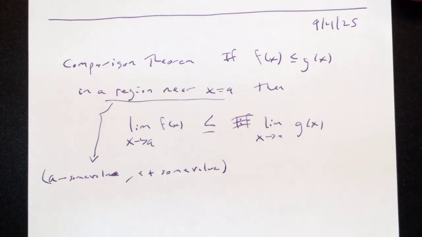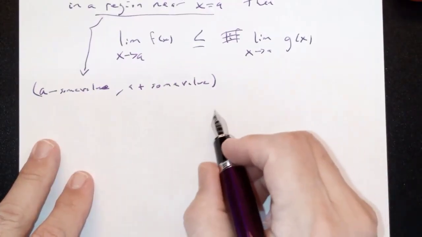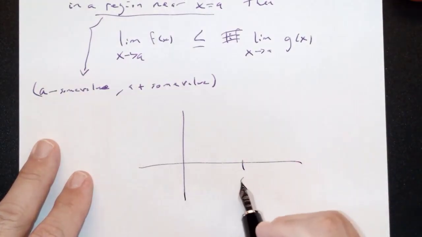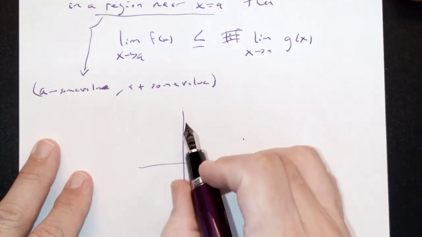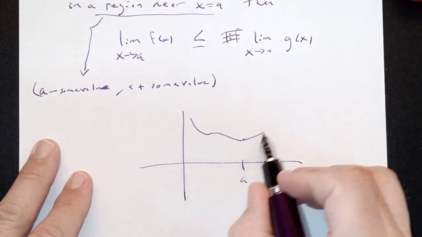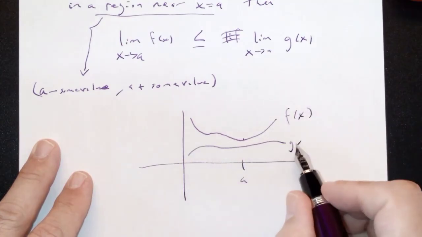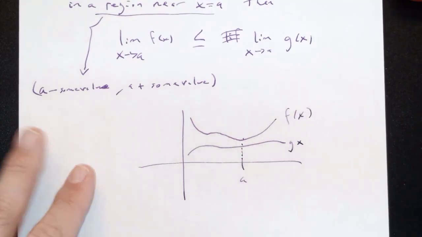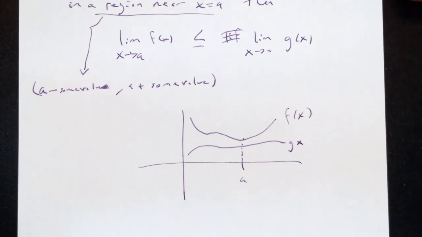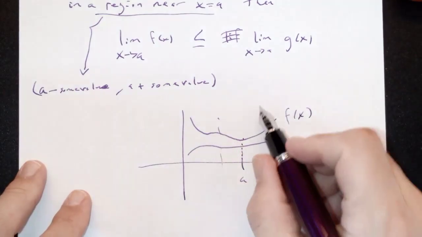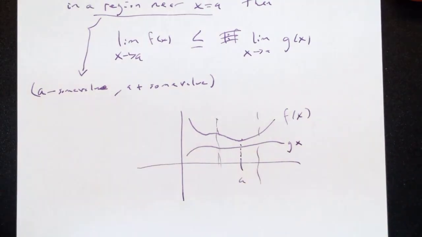But in my head, I really just see a picture. I see my two functions, f and g. And near A, so cut off some piece of the graph and only look inside that section.